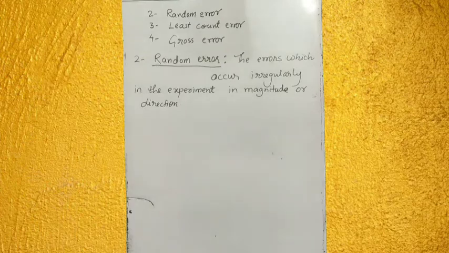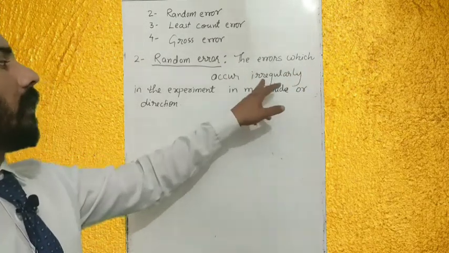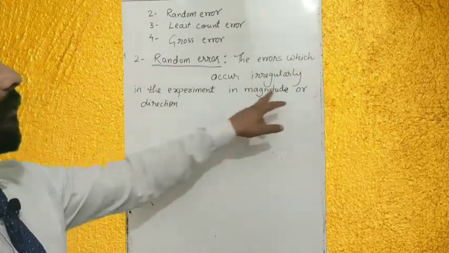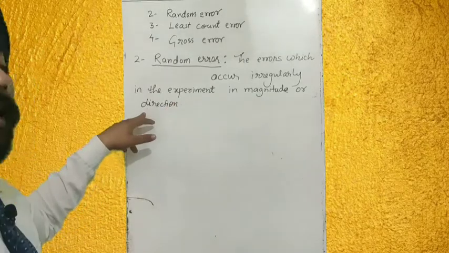So errors which occur irregularly in the experiment in magnitude as well as in direction.